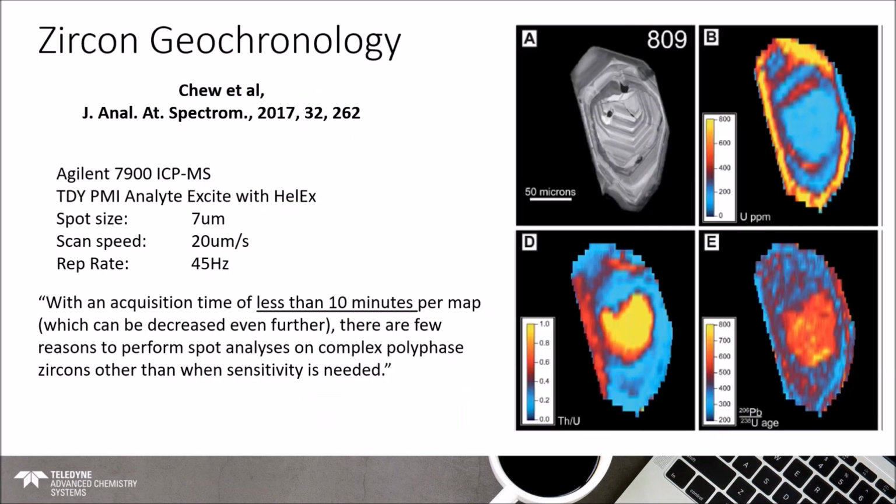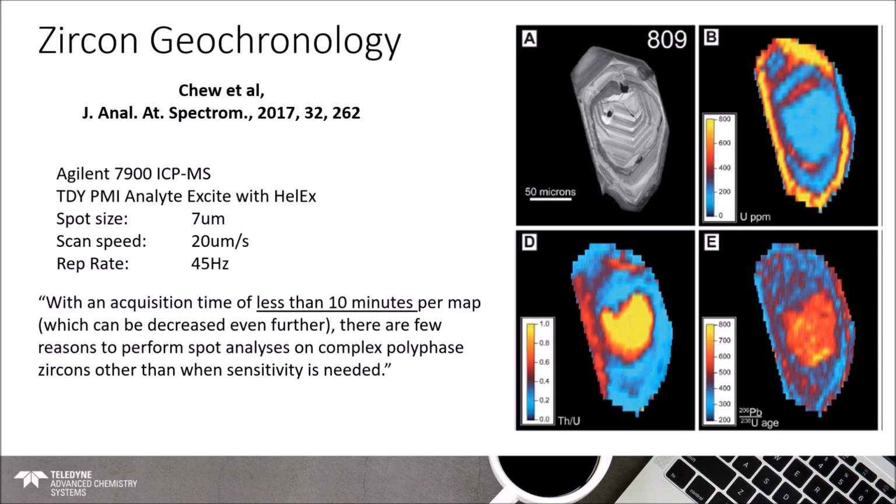Okay. I've mentioned zircons a number of times. Zircon analysis is, as I say, kind of our bread and butter. We do an awful lot of work in this world. It used to be done almost exclusively through spot analysis, where a researcher would identify a spot and blast a hole in the middle of it and look at the resulting chemistry.